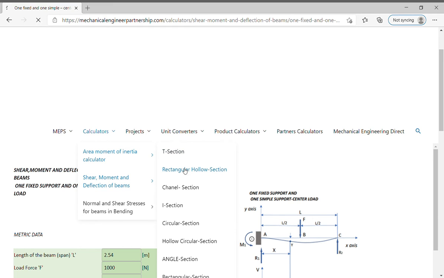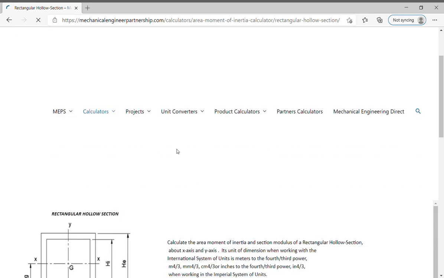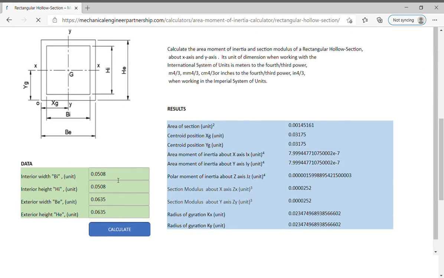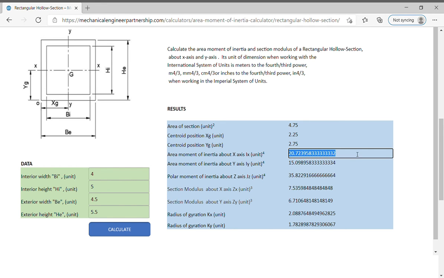for example a hollow rectangular section. Choose the dimensions of the rectangular beam: interior width 4 inches, interior height 5 inches, exterior width 4.5 inches, exterior height 5.5 inches. Calculate, and choose the area moment of inertia about the x-axis, in this specific case.